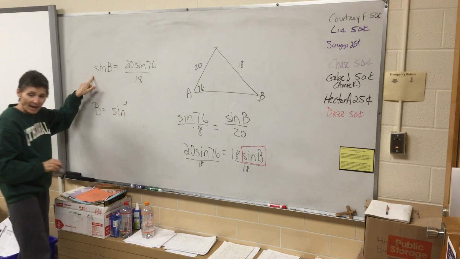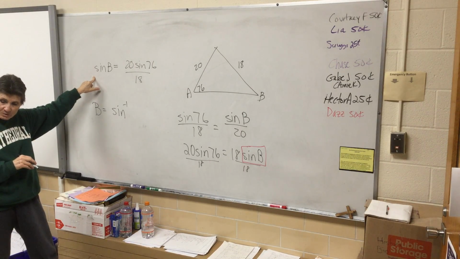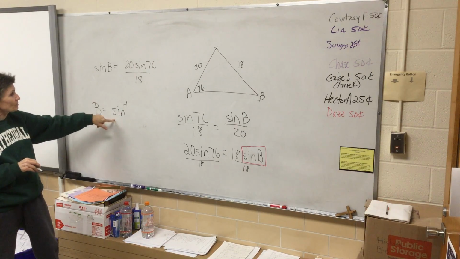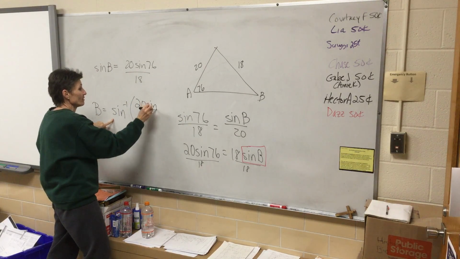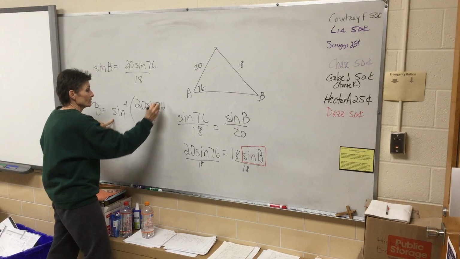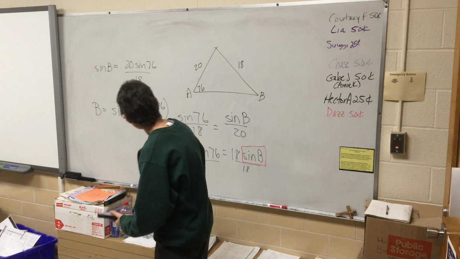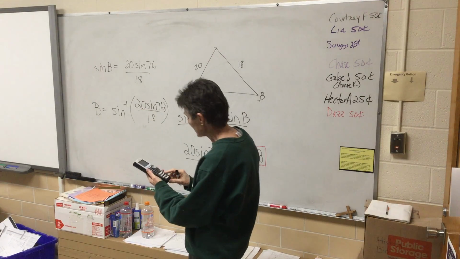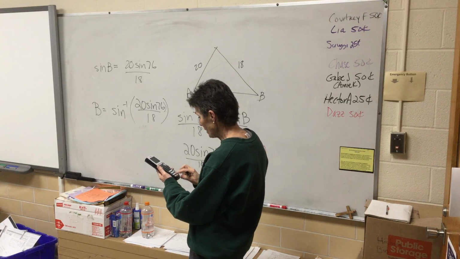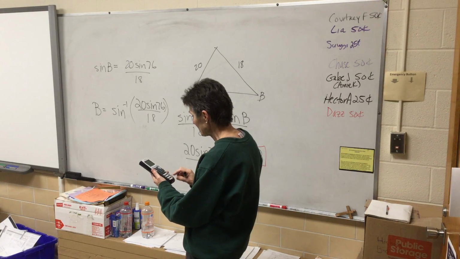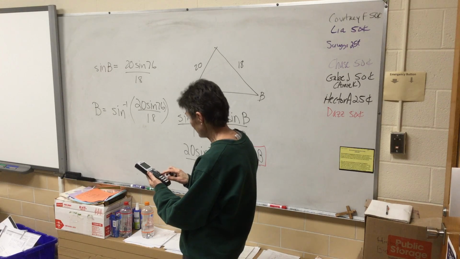We talked about that in the last chapter when we were doing our word problems. When we had to find the angle, it was always second. So I'm just going to second sine this big thing. It's easy on the calculator. You do have to remember to close the parentheses after the 76. So second sine 20 sine 76, close parentheses, divided by 18.